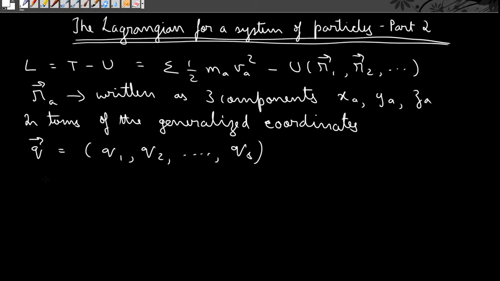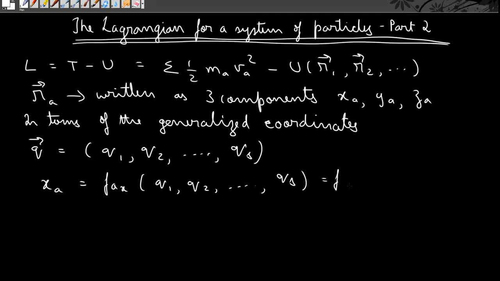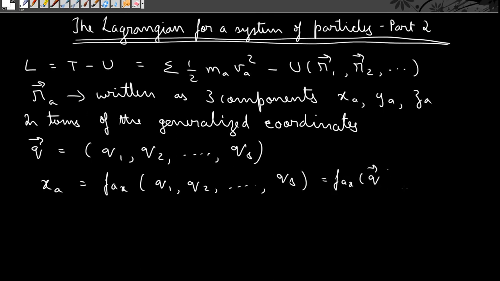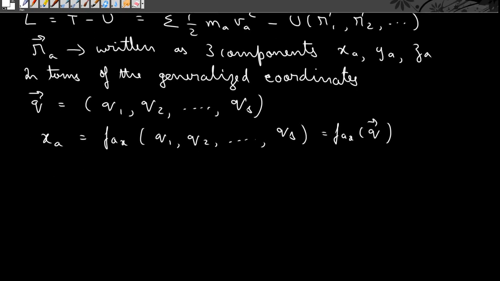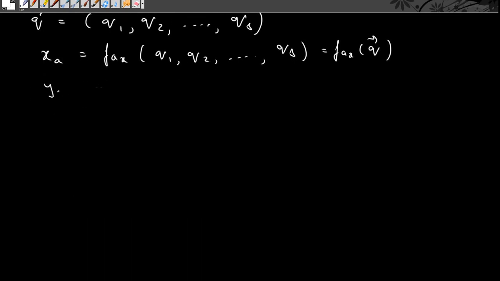Then every component of the position vectors, for example x_a, can be written as a function of these generalized coordinates, and I am going to call this f_ax of q1, q2, dot dot dot qs, or f_ax of q. Similarly, we have y_a equal to f_ay of q and z_a equal to f_az of q.